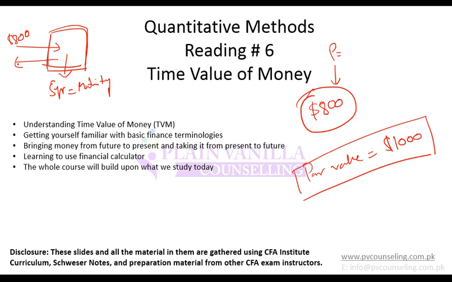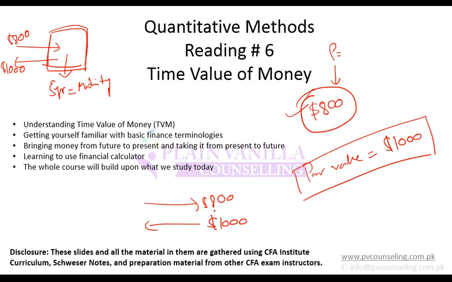That amount is known as par value. In this example, it is $1,000. So I can invest $800 today, and after 5 years, when I return that bond, I will receive $1,000. It is the same as investing 800 today and receiving $1,000 after some period of time.